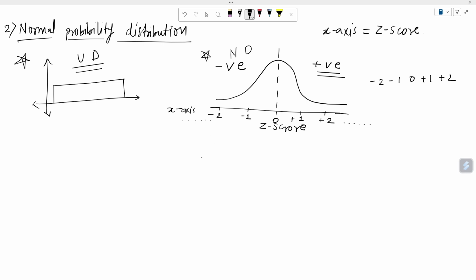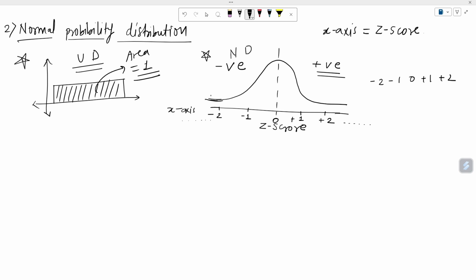Okay, now we knew that in the case of uniformly distributed probability, the whole portion inside this rectangle is our area, which is always 1. The whole area of the rectangle is 1.